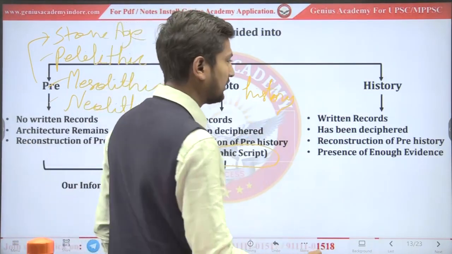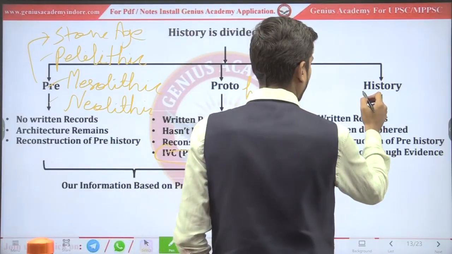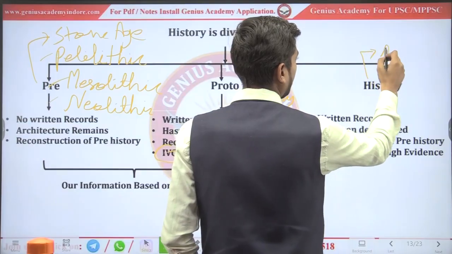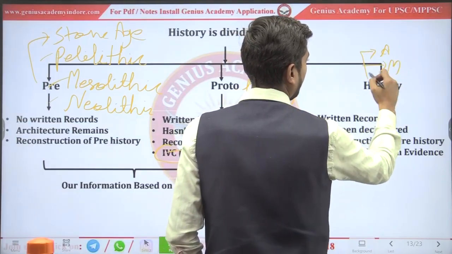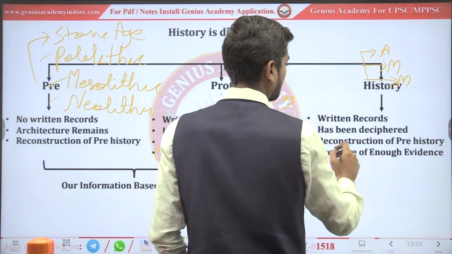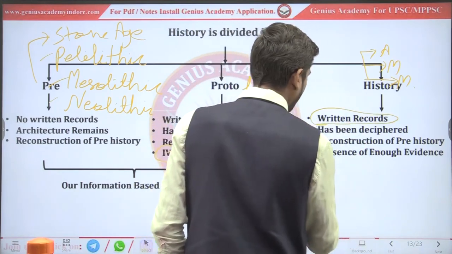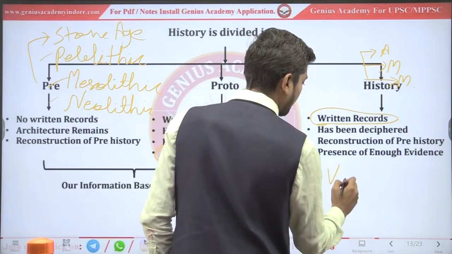Third one is history. Under this, we have divided ancient, medieval and modern. There are written records that have been deciphered, and an example is the Vedic period.